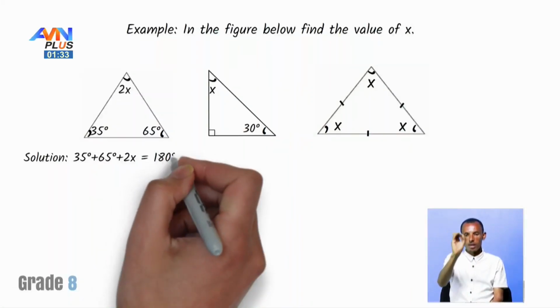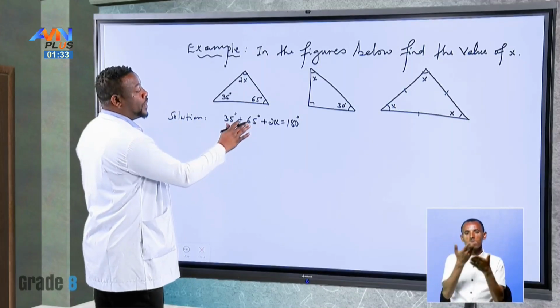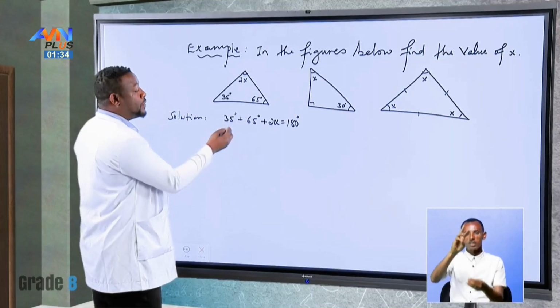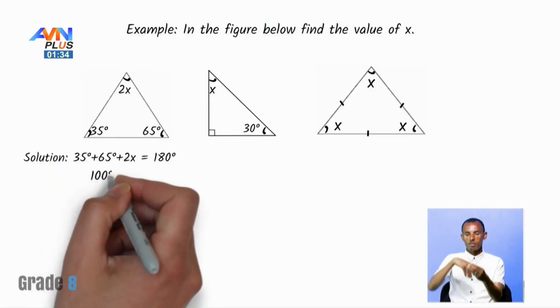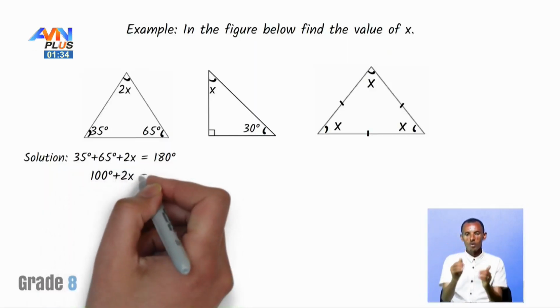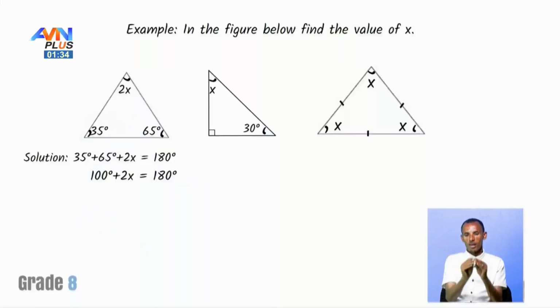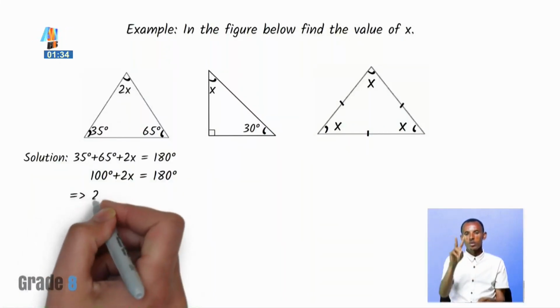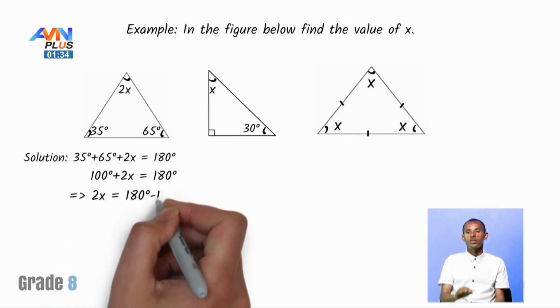So we can now add 35 and 65. The sum of these two is 100. 100 degrees plus 2x is 180 degrees. So collecting like terms, 2x is equal to 180 degrees minus 100.